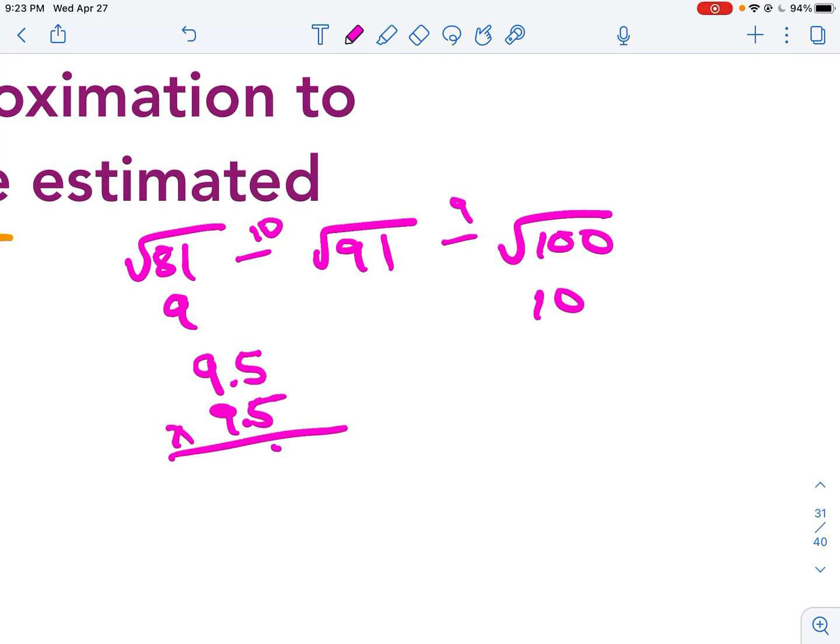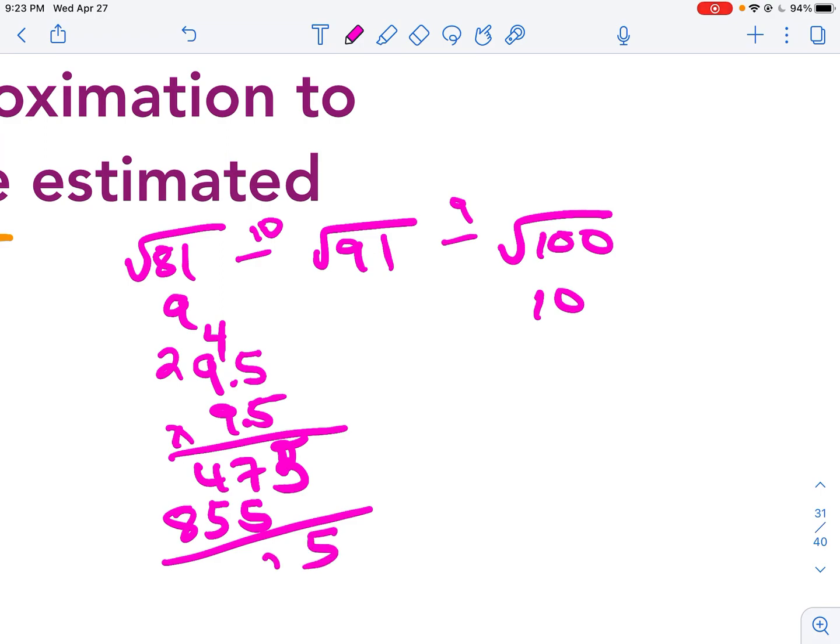So 9.5, multiply those and get 25, that's 45, so 47. That's 45. 81 plus 4 is 85. So that's a 5, that's a 2, that's a 0. That's a 90.25. Oh, so let's try one more up.